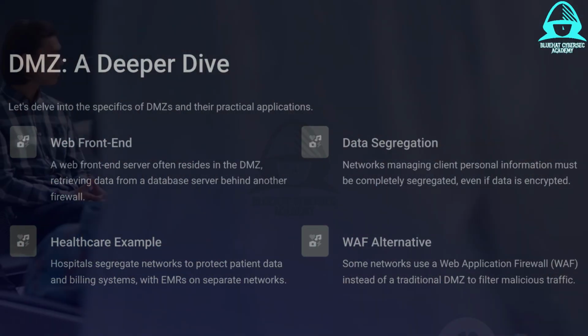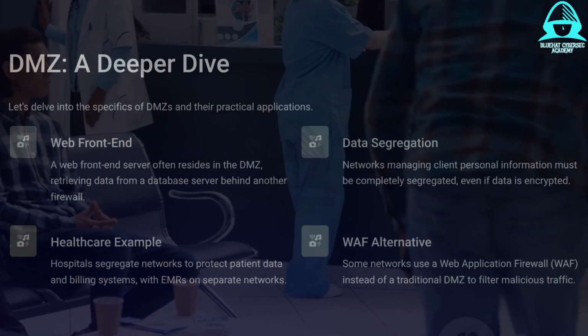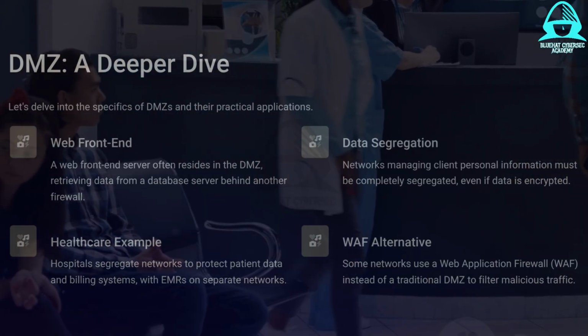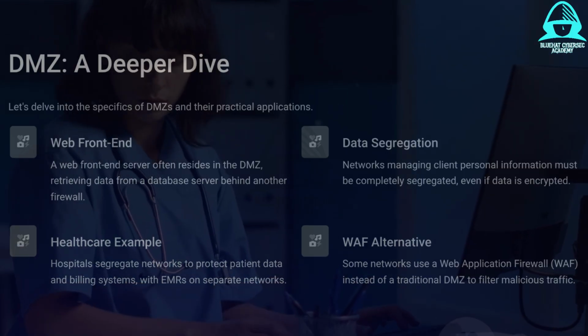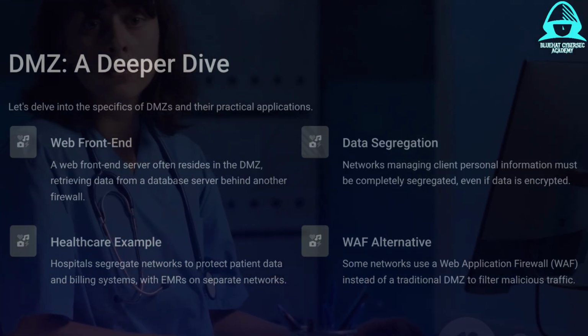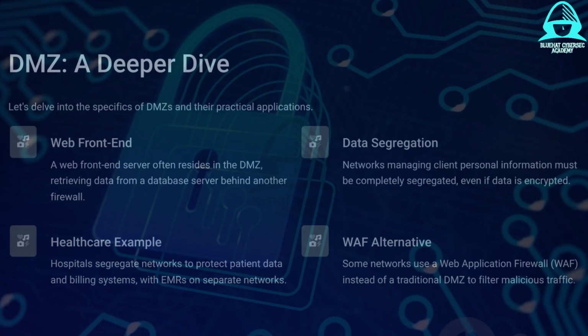In settings such as hospitals or doctors' offices, networks are often segregated to protect patient information and billing systems, while electronic medical records may reside on a separate network. Web-based applications for medical record services often use a demilitarized zone or segmented areas, sometimes behind the firewall, to protect critical information.